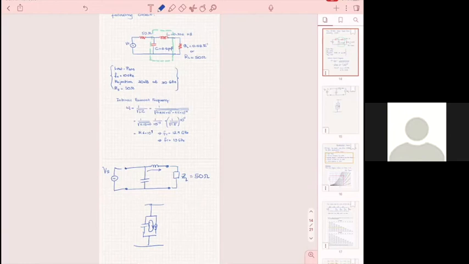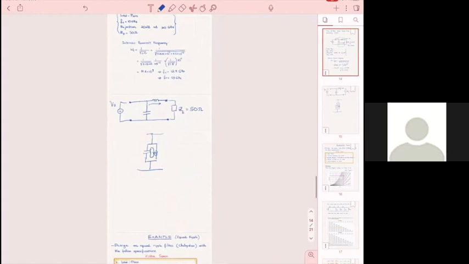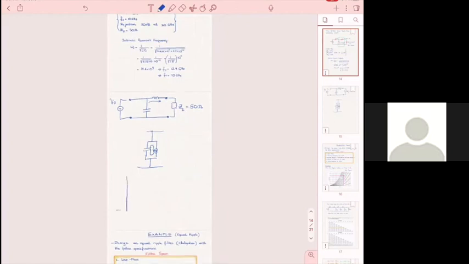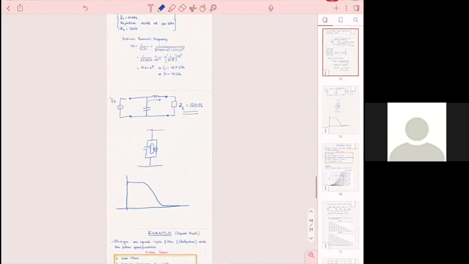And then what happens when you plot the performance? It is a low pass filter, because it allows the DC to go through, and then it will go like this. At some point, because it's a loaded resonator, it has a 50 ohm resistor, then practically your resonance is going to be buried.